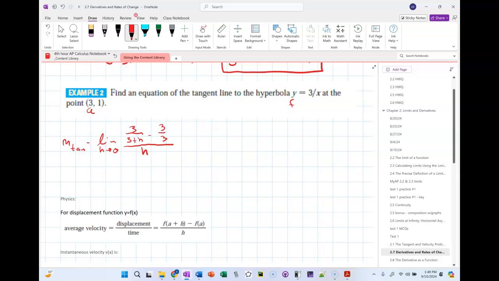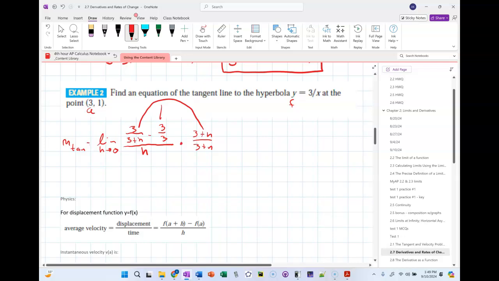So first thing, I'm just going to think about 3 over 3 as just 1, right? So the only denominators are 3 plus h and 1 in the whole fraction. So that least common multiple of all those denominators is just 3 plus h. So I'm going to multiply the top and bottom by 3 plus h over 3 plus h.